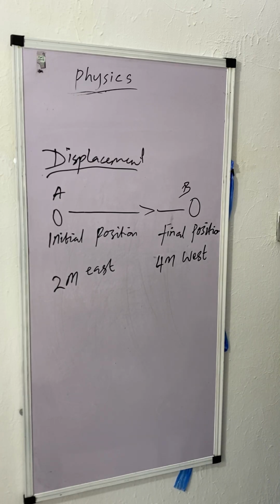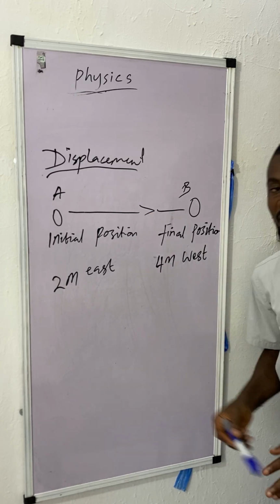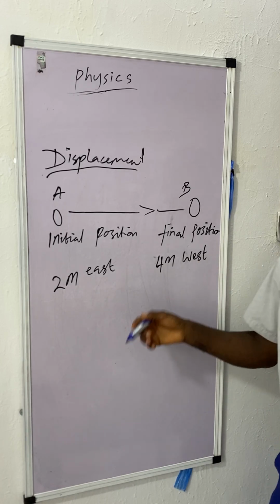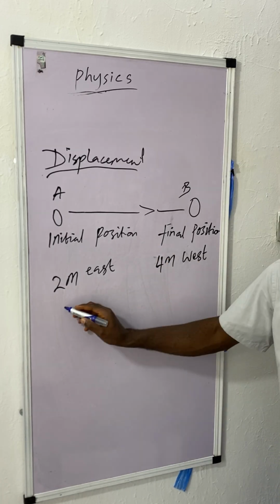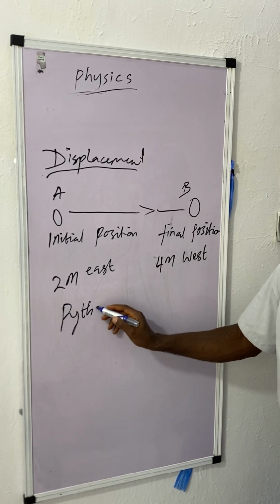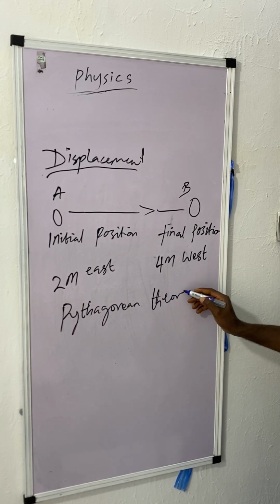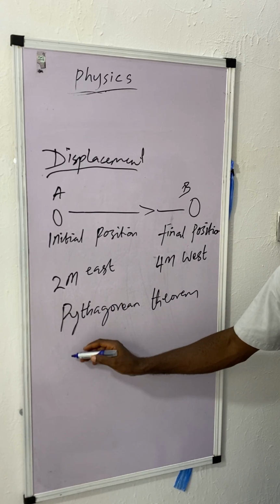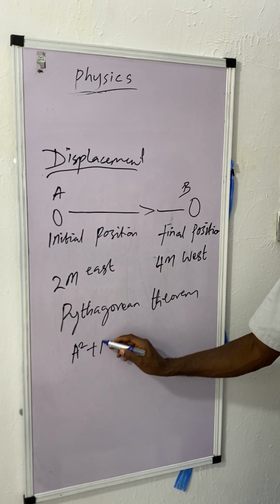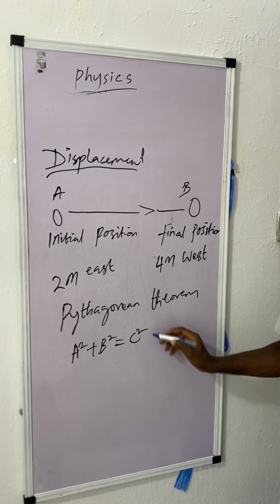All right. So they now ask you, what is the displacement? It's very common. This thing is very easy. Just apply the Pythagorean theorem, where a squared plus b squared is equal to c squared.